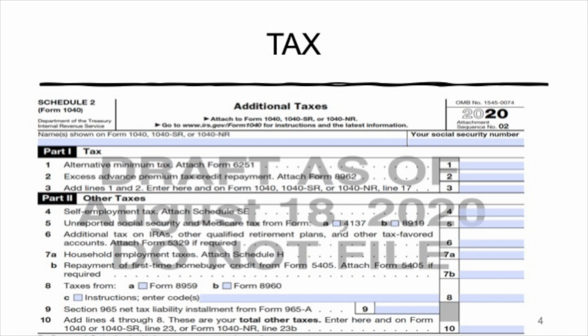This line specifically is tied to the Affordable Care Act and the marketplace insurance. If the taxpayer, spouse, or dependents were enrolled in or paid for health insurance coverage from the marketplace, this line might apply.